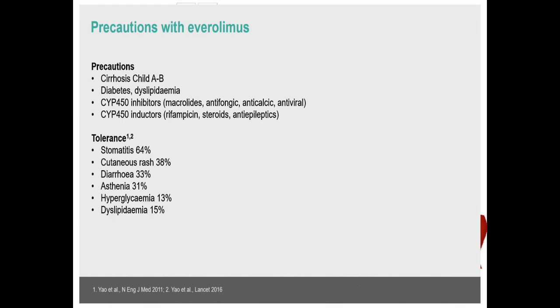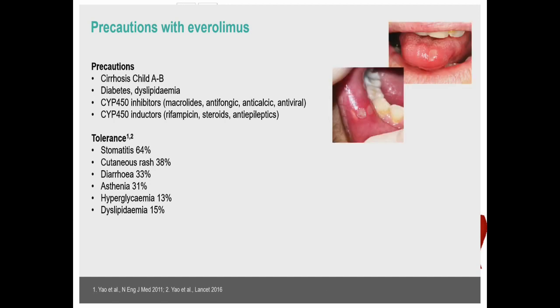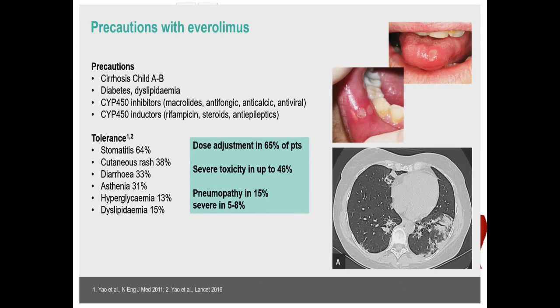The list of side effects is quite impressive, especially stomatitis, cutaneous rash, and diarrhea, and can be very painful for the patient, or even very severe, because you can also have lung problems, lung pneumonias, and in some cases, those pneumonias have been fatal.